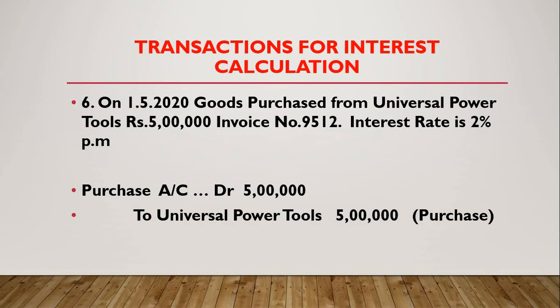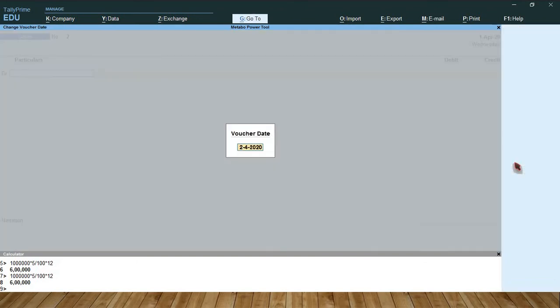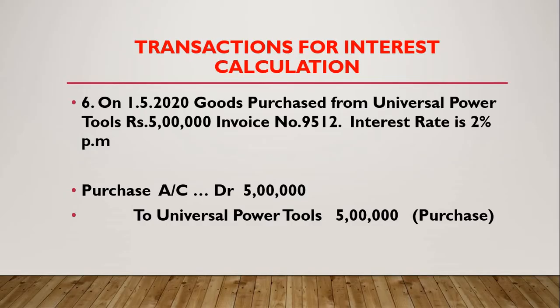So next, on 1/5/2020, goods purchased from Universal Power Tools rupees 5 lakh, invoice number 9512. Now change the date. Press F2 for changing the date. Type 1/5/2020. So select purchase voucher.